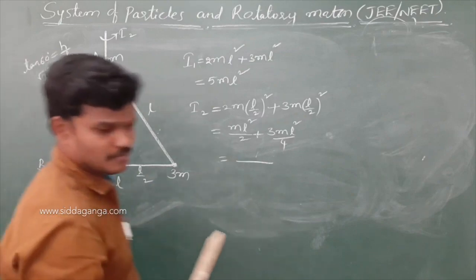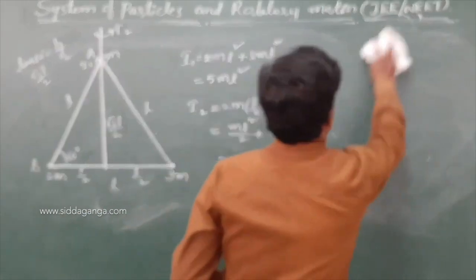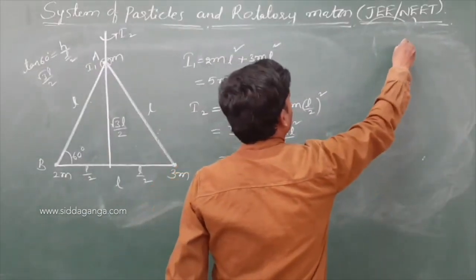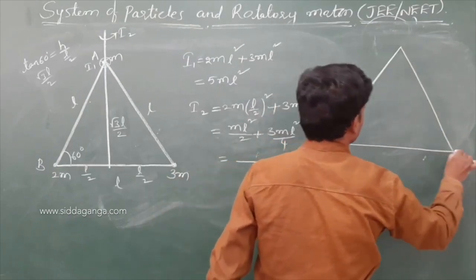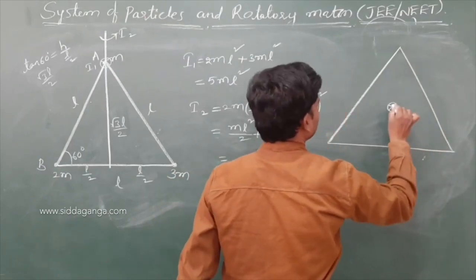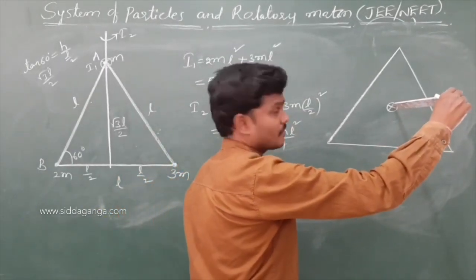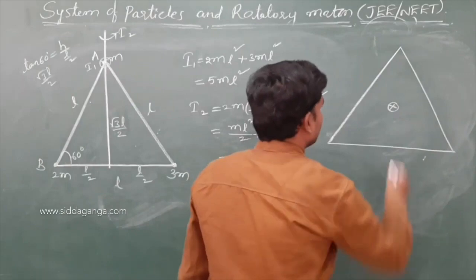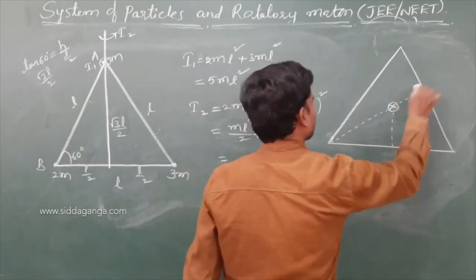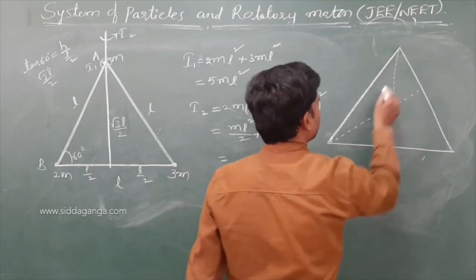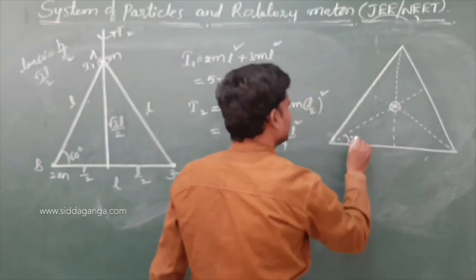Passing through the center perpendicular to the plane. Let me draw the diagram again. They may ask from any place. About this line, let us find this distance. This angle is 30.